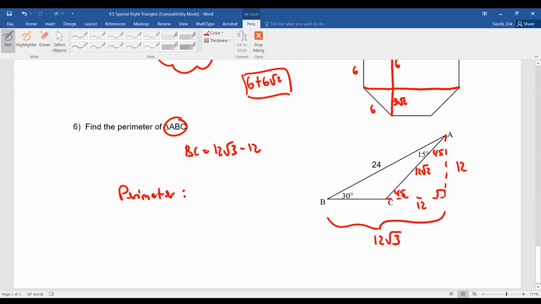I'd have 12 root 3 minus 12 plus this 12 root 2 plus this 24. So I would end up getting 12 plus 12 root 2 plus 12 root 3, because I have negative 12 and 24, which is positive 12, and then I got this 12 root 2. So don't hesitate to draw on stuff outside of the figure.